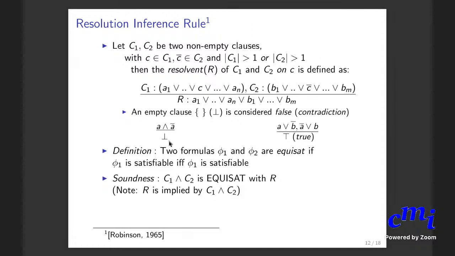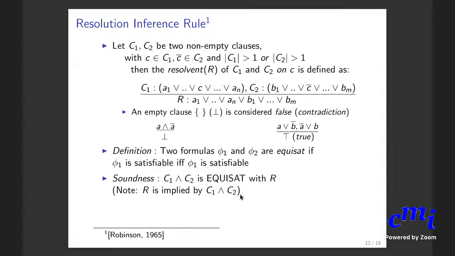And that's when the resolvent would be a contradiction. So that is the soundness of this: I say that this resolution inference rule is sound because what it derives as a resolvent is always implied by C1 and C2.